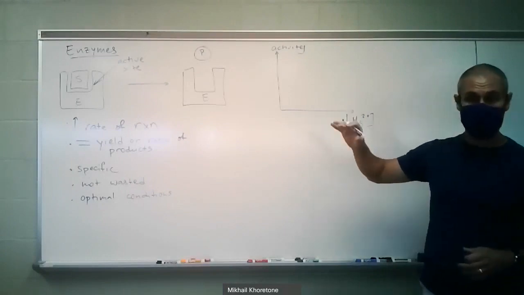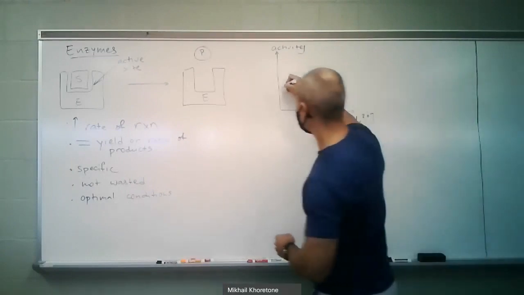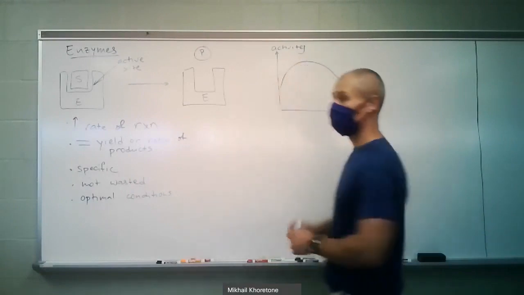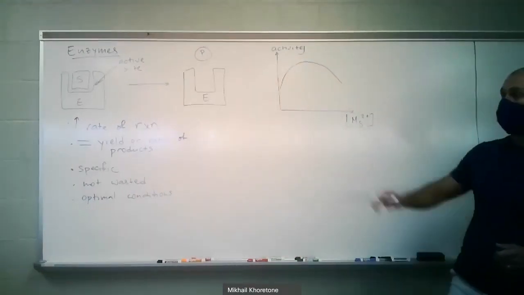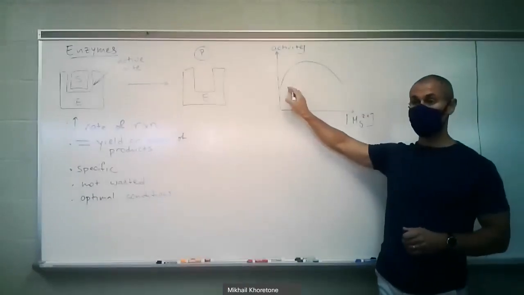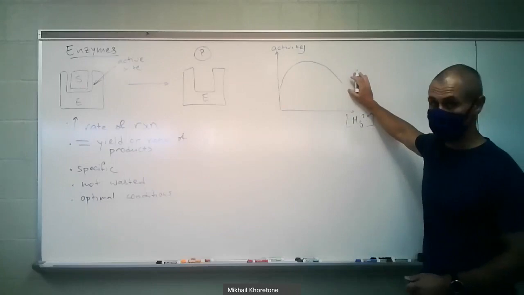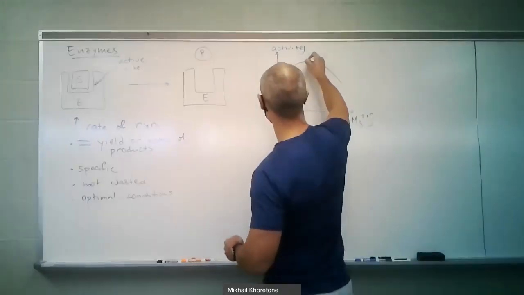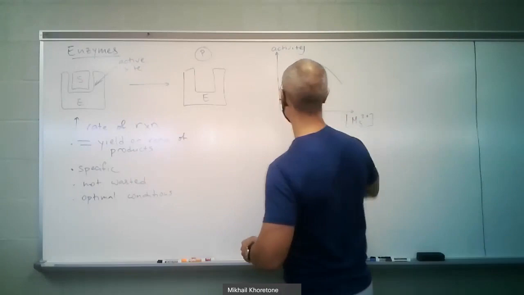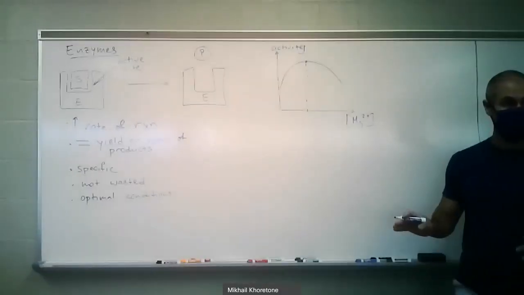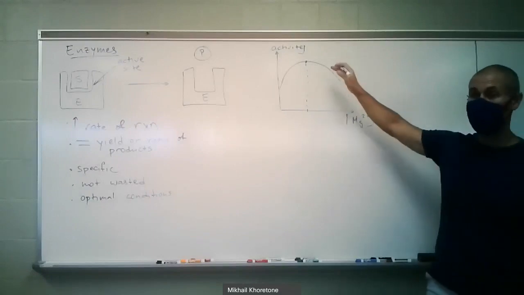That's more or less how it happens. Look at this. Its activity will change in kind of this way. When there is no magnesium, it's not working terribly well. When there is too much magnesium, it's not working terribly well. There is some optimum right here. Does that make sense? We're clear. So there is an optimal concentration.